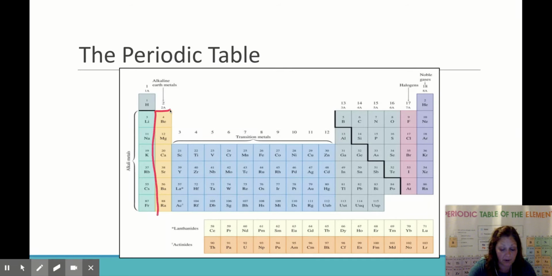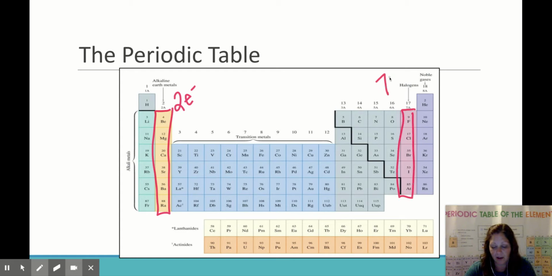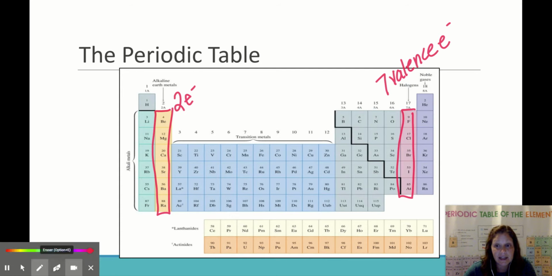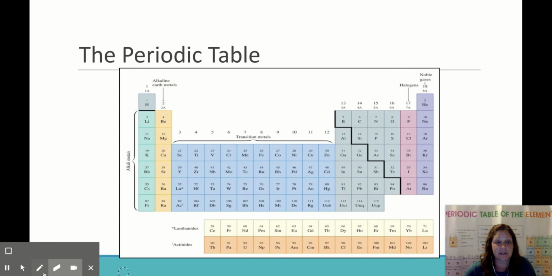So for example, group 2, the alkaline earth metals, they all have 2 valence electrons, so 2 electrons in the valence shell. They're all very similar to each other. The halogens, group 17, they all have 7 valence electrons, and that makes them react similarly, and it causes them to have similar chemical and physical properties.